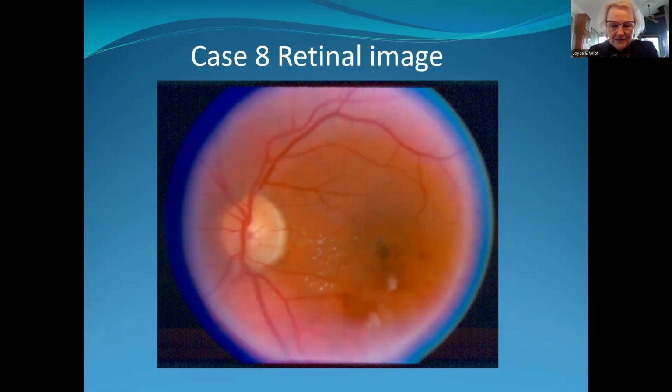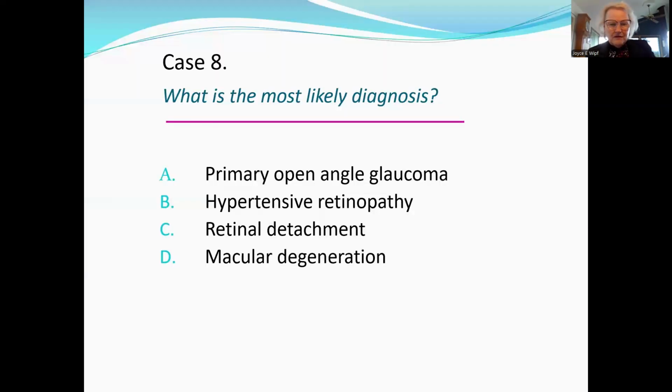So again, thinking about the images that we've seen and what abnormality you're seeing here. What is the most likely diagnosis? A, primary open-angle glaucoma, B, hypertensive retinopathy, C, retinal detachment, D, macular degeneration.